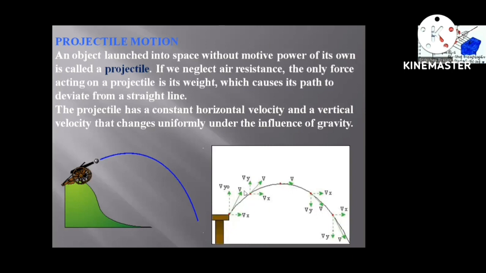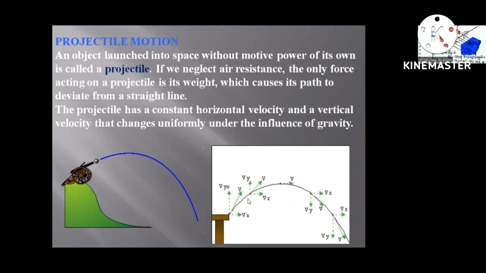In this graph, this is the horizontal velocity vx, and this is the vertical velocity of the object. This is large and this is small, and at this point the vertical velocity of the object will be zero, but there is horizontal velocity.